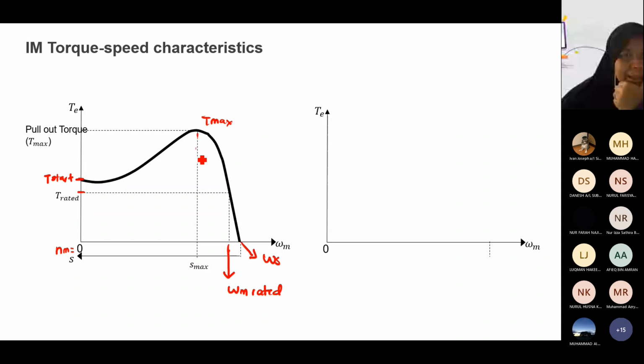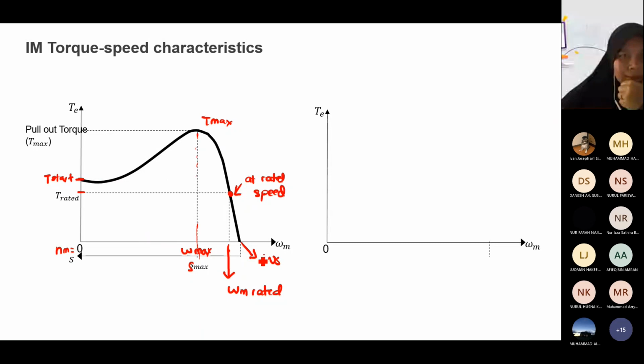And at this T max, you akan ada S max, which is the maximum slip, and also omega max here. So kalau sini, this point is at rated speed. This is your induction motor torque speed characteristic.